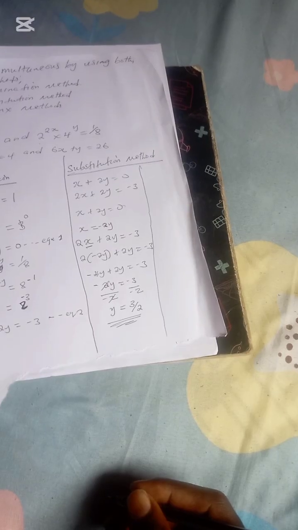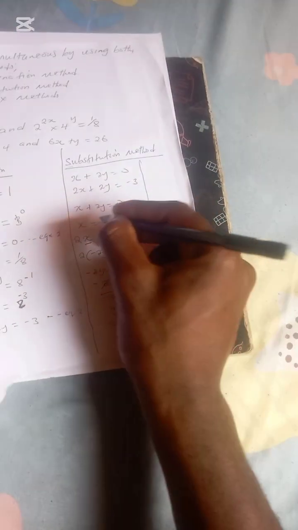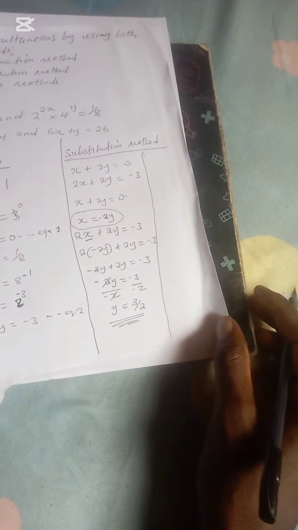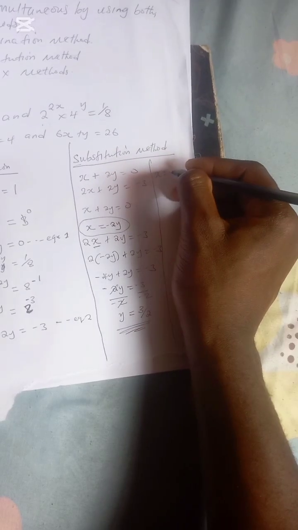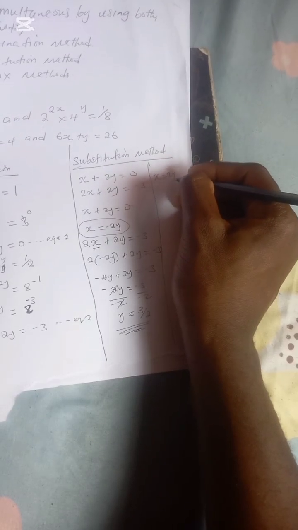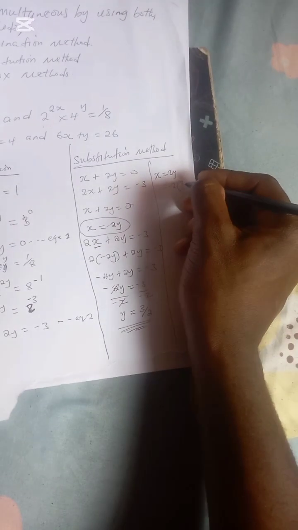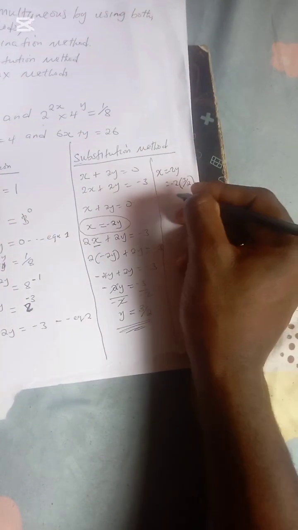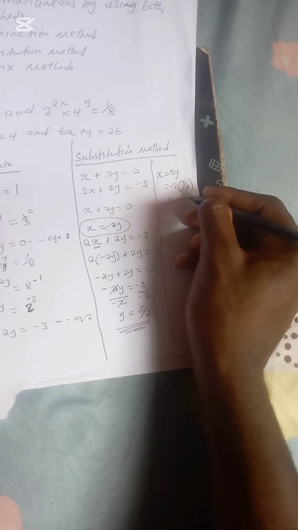So what are we going to do for us to find the value of x? Since we already made x the subject of the formula, we'll say x is equal to negative 2y. It means where there is y, we'll put 3 over 2. Then it will be negative 2 times 3 over 2, which gives us negative 6 over 2.